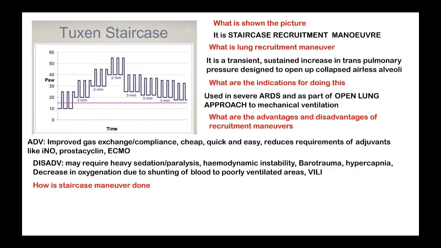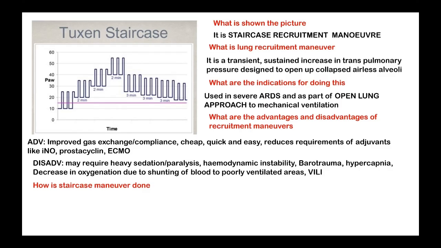What adjustments do you have to make? First, we should sedate and increase the oxygen flow, and increase PEEP, 20 millimeters of mercury for 20 seconds, then 30 for 30 seconds, then 40 millimeters of mercury for 40 seconds. And we have to watch the peak airway pressure during this process.